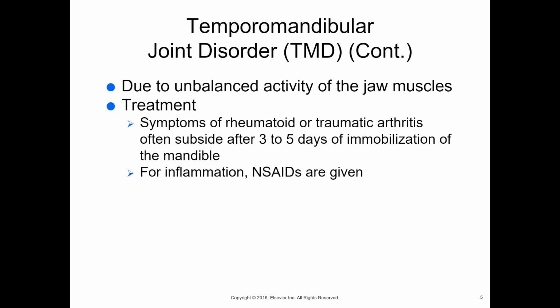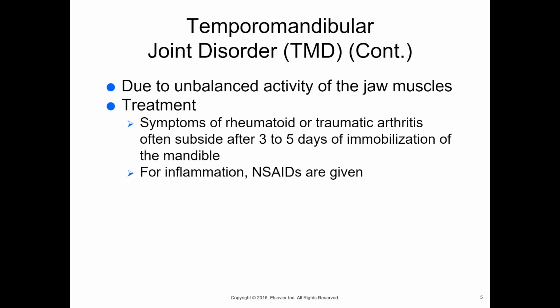Like I said, though, the most common cause of this is an unbalanced activity of the jaw muscles. Typically, one side will be stronger versus the other. There are also things like arthritis that can cause problems.